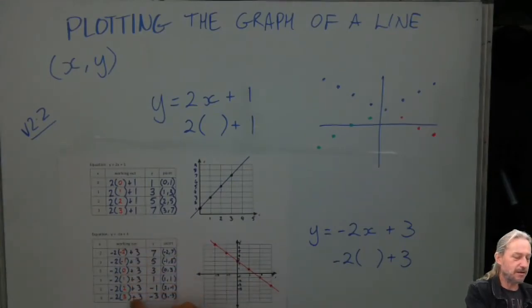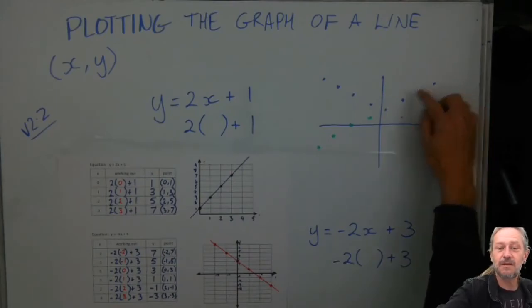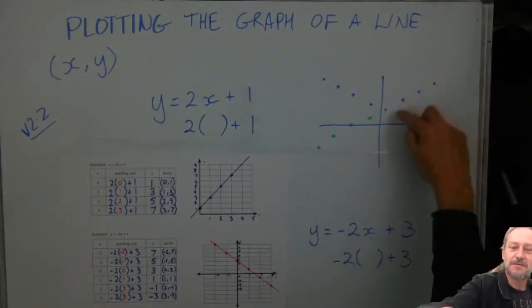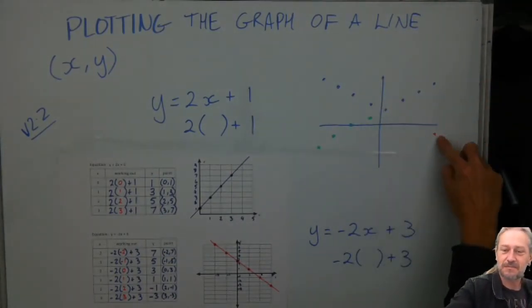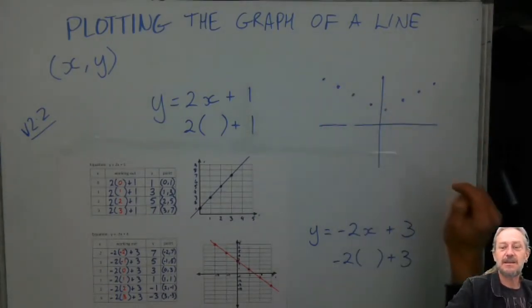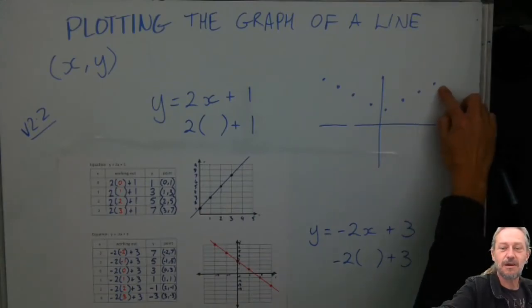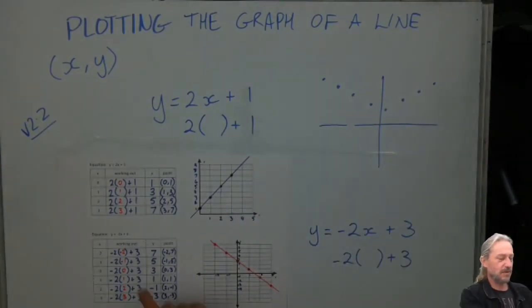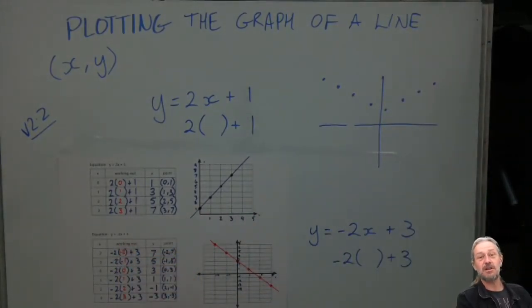So if you do your working out and you get your coordinates and you plot them and you end up with different directions, so they don't necessarily fall on a line, that's an indication that maybe either this side or that side you've multiplied a positive and a negative and accidentally come up with a positive answer.